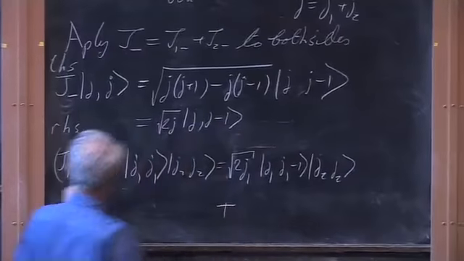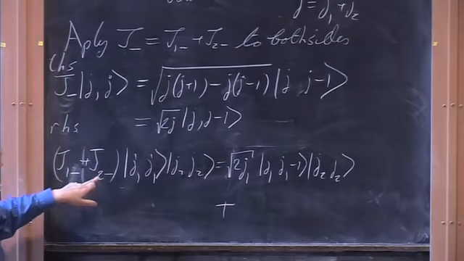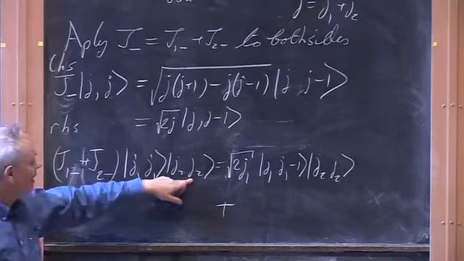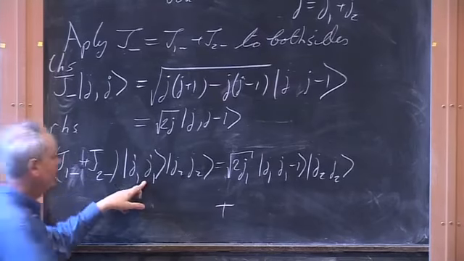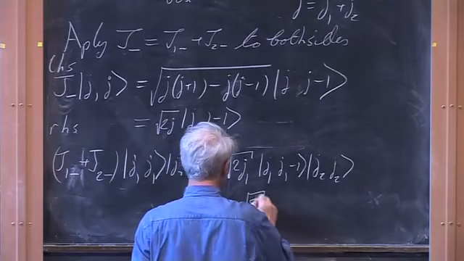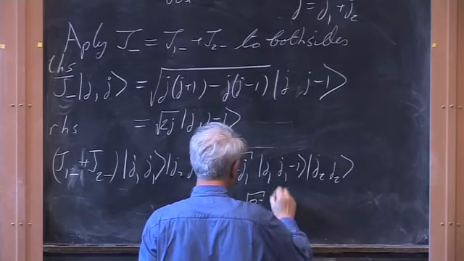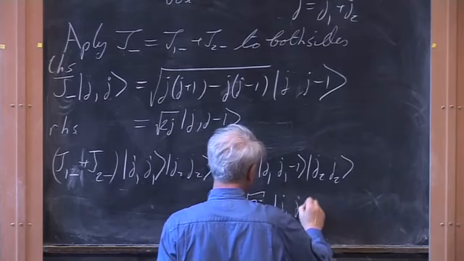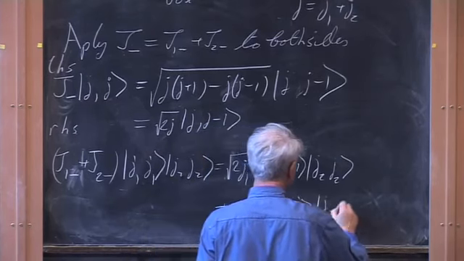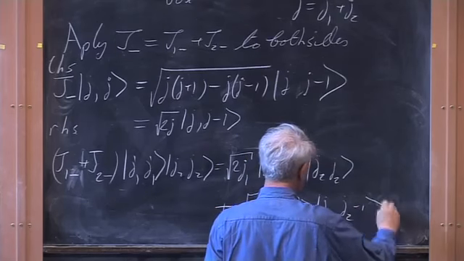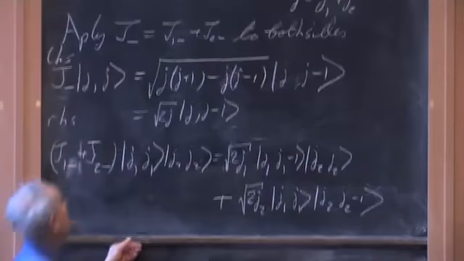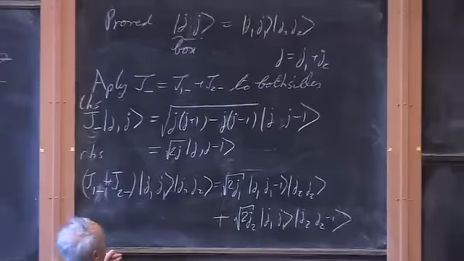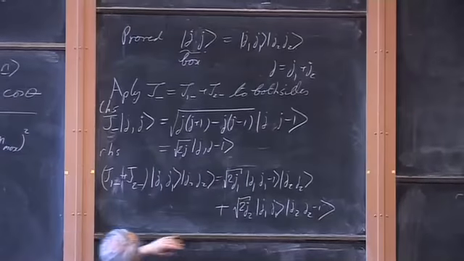And then we have to add, that's this plus sign here, the result of J2 minus banging away at that whilst this stands idly by. We'll get a root 2j2, j1 standing idly by, j2 minus 1 being produced. So we have that. We can now equate the left and the right sides again.